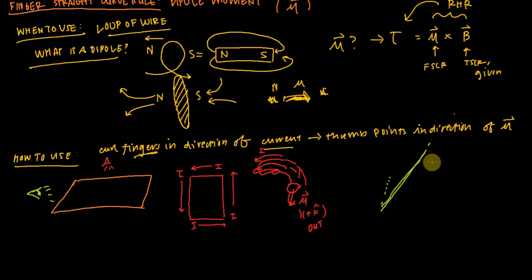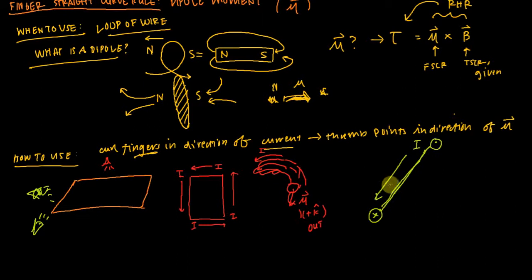Wow, this is taking me a long time to erase. Okay, so we just see this, and this part's coming out at us, and this is going back into the board. But anyway, this is our loop, and again, our current is flowing down this way.